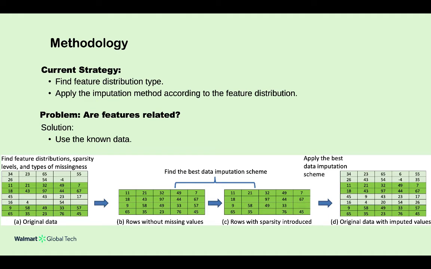Note that we know the ground truths for these rows, and as a result we can find the best data imputation scheme using the RMSE metric, and then upon finding the best data imputation scheme we apply it on the original data and try to predict the missing values.